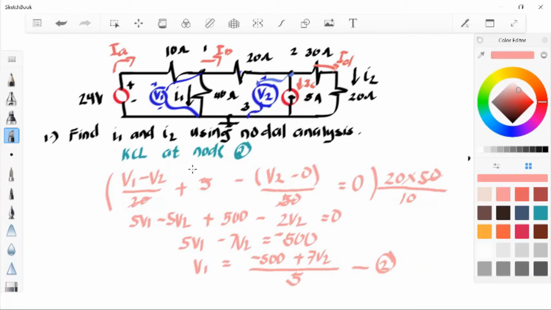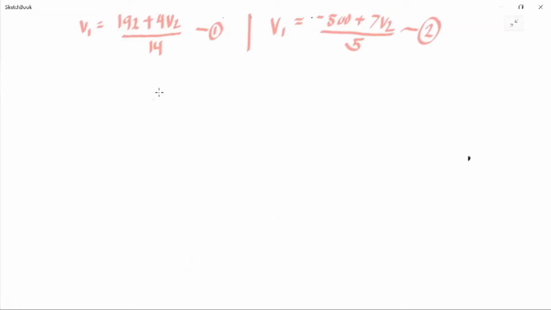Okay, so let's solve the simultaneous equations, which is the last step in order for us to solve the nodal voltages. So let's erase all of this, and let's equate equation 1 and equation 2 so that we can solve for V2. That is nothing but 192 plus 4V2 over 14 is equals to negative 500 plus 7V2 over 5.